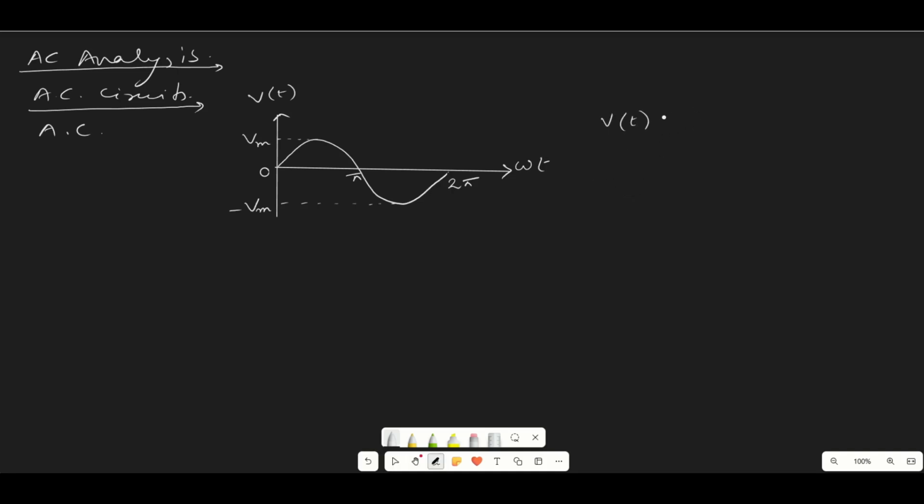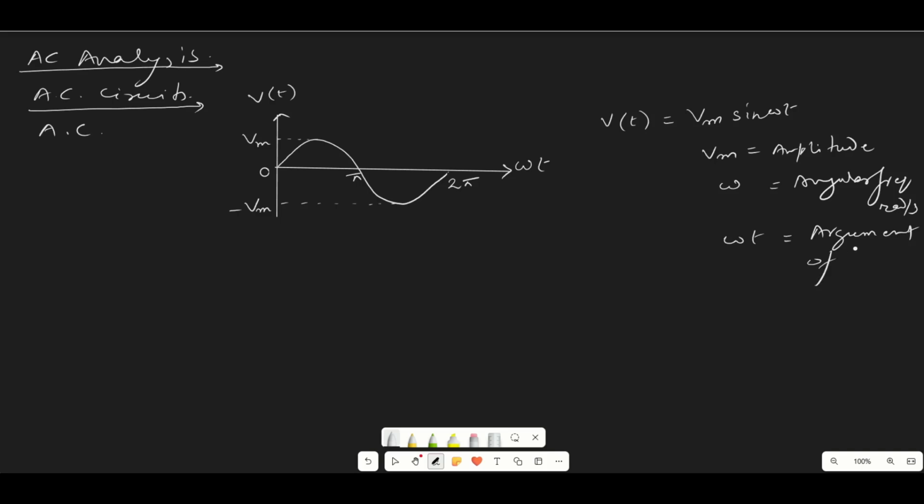It is represented by v(t) equals Vm sine of omega t, where Vm is the amplitude of the sinusoid and omega is the angular frequency, and the unit is radian per second, and omega t is the argument of the sinusoid, right?